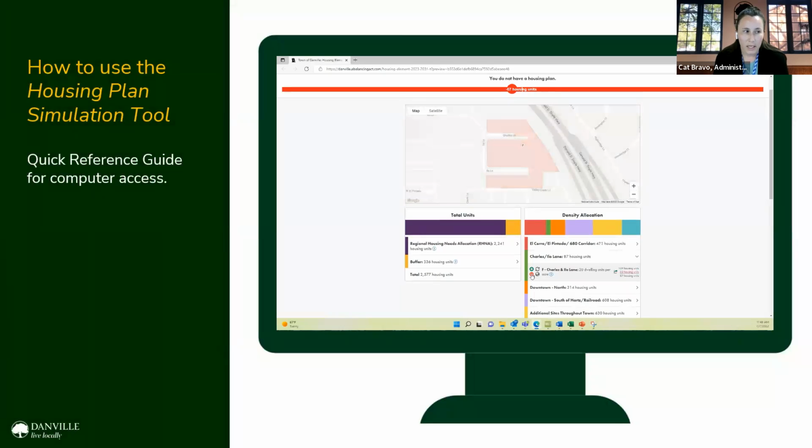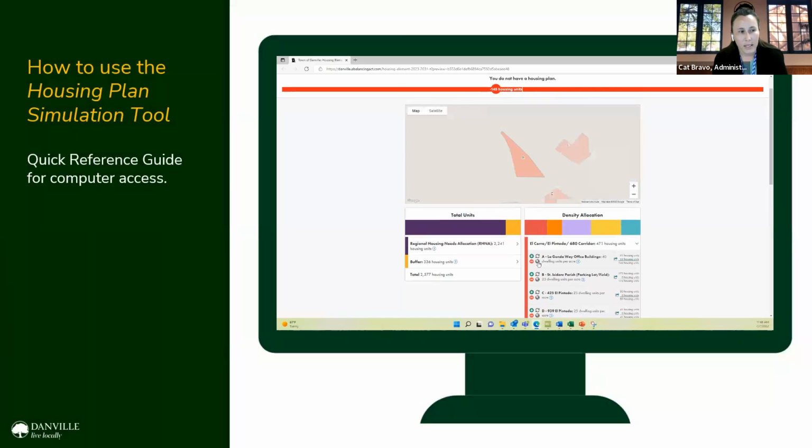While there are 26 sites to consider, you may find that you don't want any housing on a particular site, and that's okay. Unless a site is already zoned for residential, the option to decrease the density to 0 exists. But keep in mind, those units will need to be made up somewhere else. Once you have identified enough housing units and are in the green, you can successfully submit your housing plan.